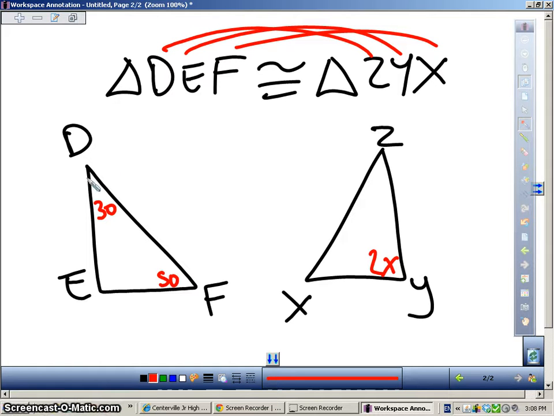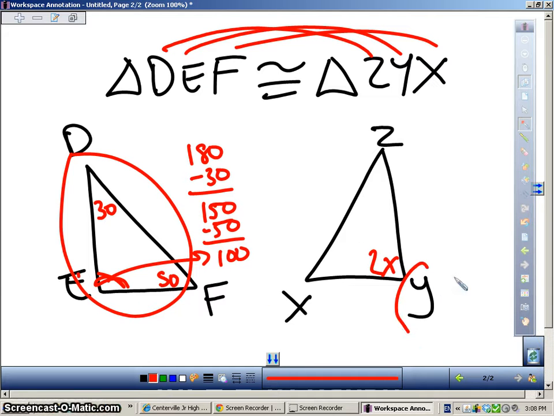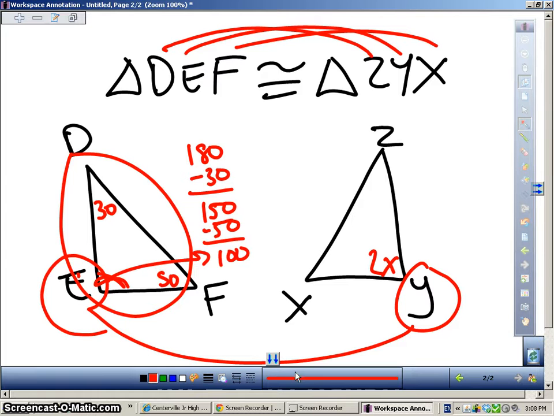Well, we know that triangle adds up to be 180. I go 180 minus 30 and minus 50, which gives 100 degrees. So this angle right here must be 100 degrees. Then I know that since E and Y are the same angle, all I need to do is set up our equation. 2x equals this angle, which happens to be 100.